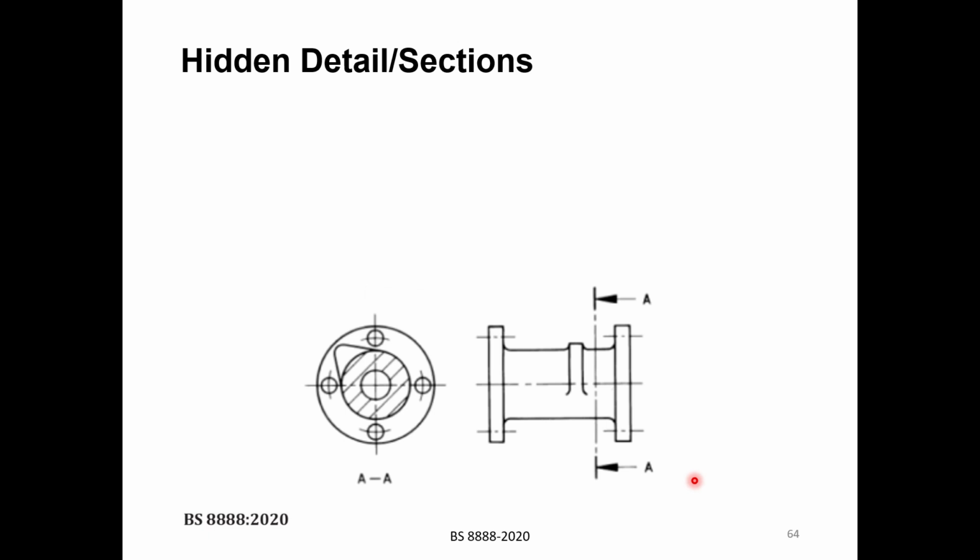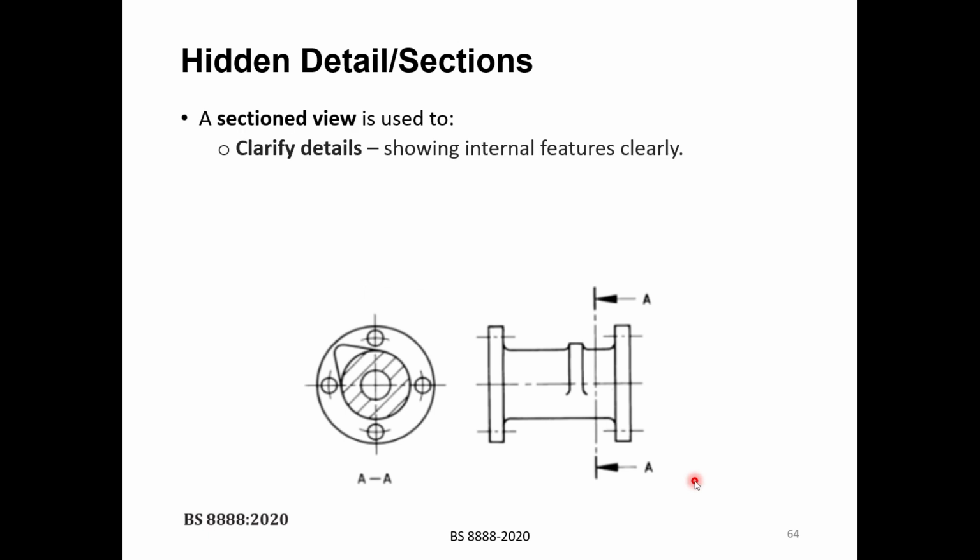So a section view in general is used to clarify details, as we said. It reveals the internal details of a component. It shows internal features clearly, as you've seen on the previous slide, where it showed those two holes.